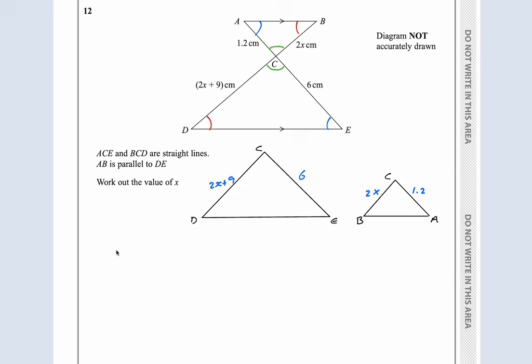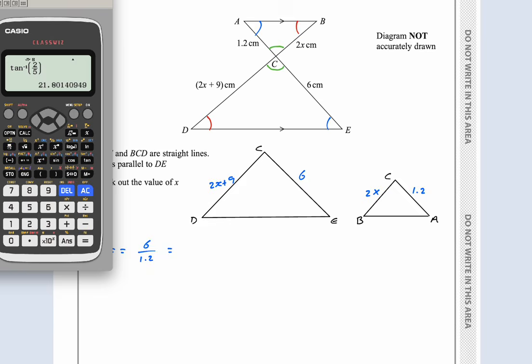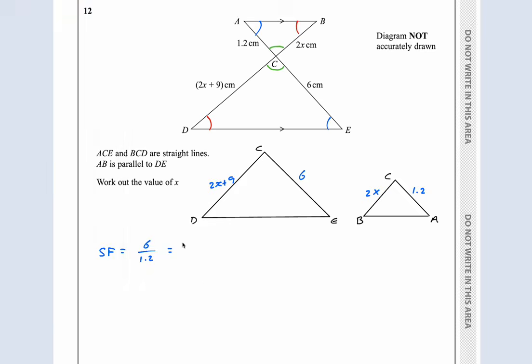So now I can get the scale factor. The scale factor from the small to the big, let's say, is 6 over 1.2. Now 6 divided by 1.2 is 5. Okay, that's nice. So that means this times 5 equals 6, which means this times 5 equals this.